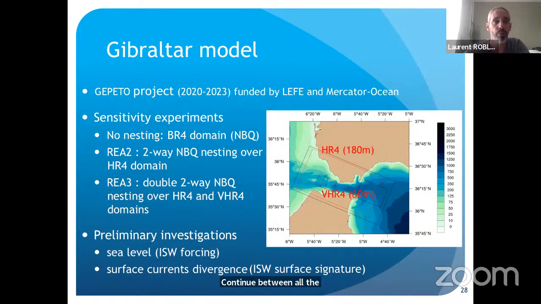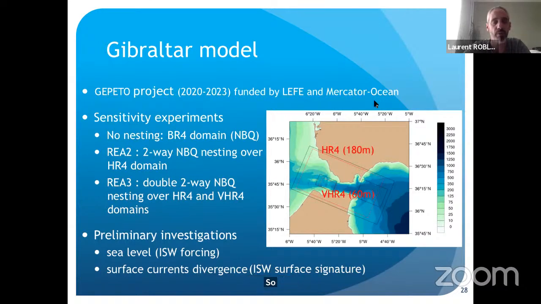From the GPTO project, we show some results here. We have evaluated the impact of the grid nesting of one or two domains in the NBQ approach. We have performed a sensitivity experiment with no nesting, applying only the NBQ module over the low resolution BR4 domain. This is the full domain covering mainly the Strait plus the Gulf of Cadiz and the Alboran Sea.